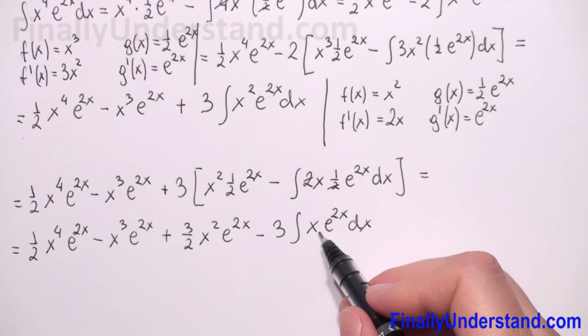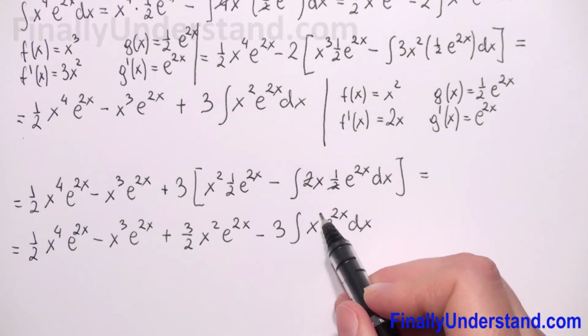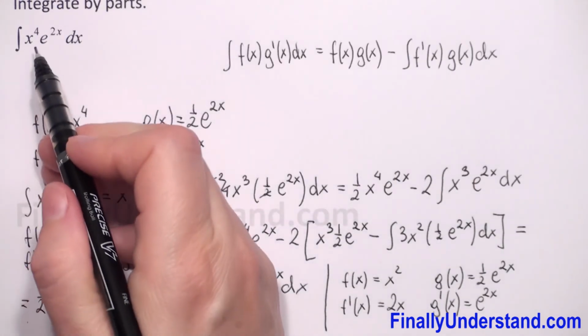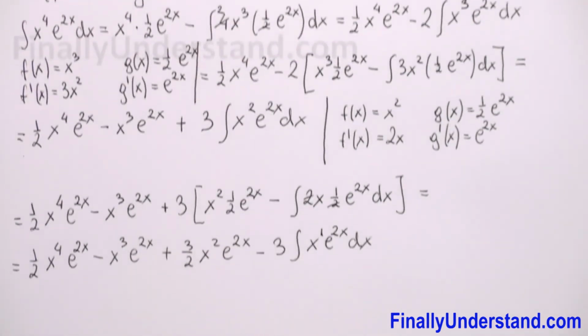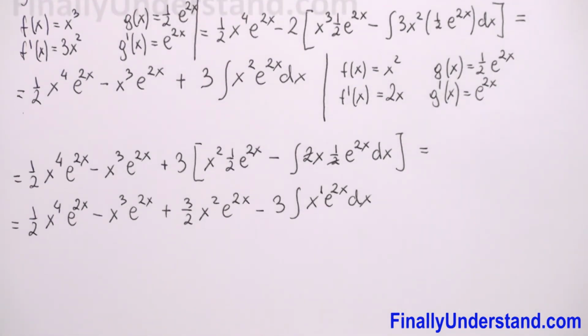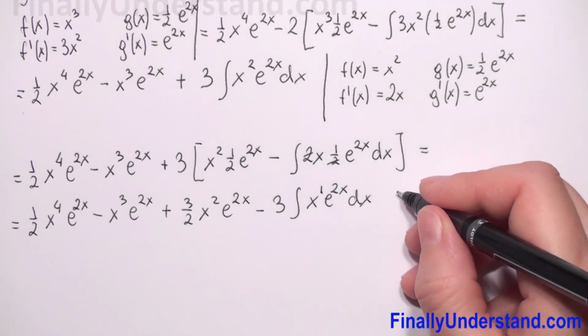And again we see that the power of x is now 1. At the beginning we have 4. So we will use integration by parts one more time.